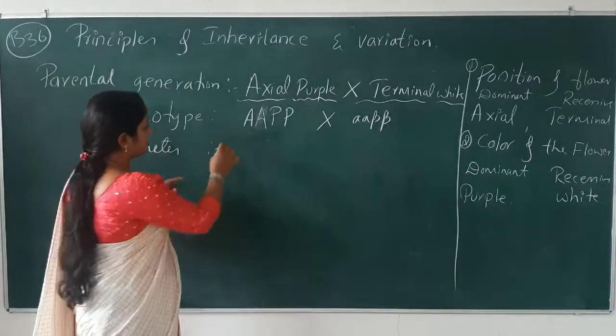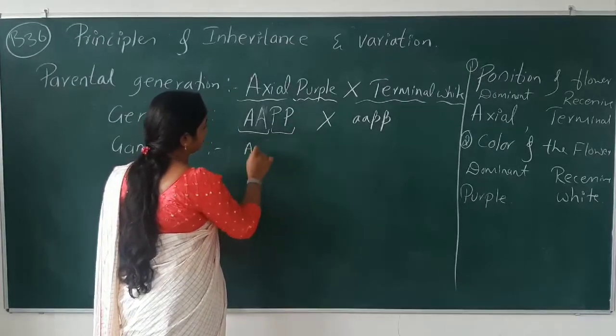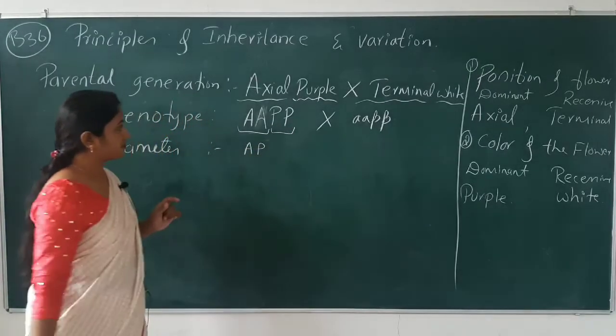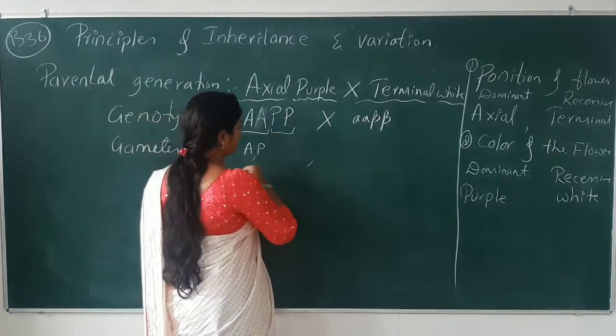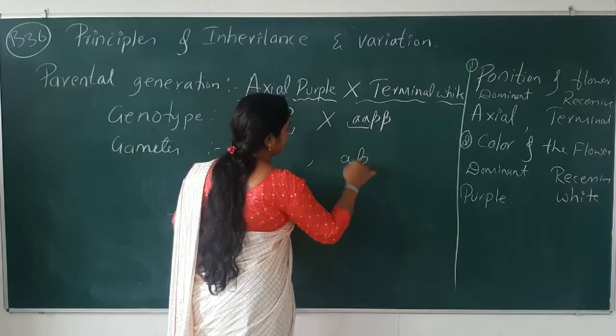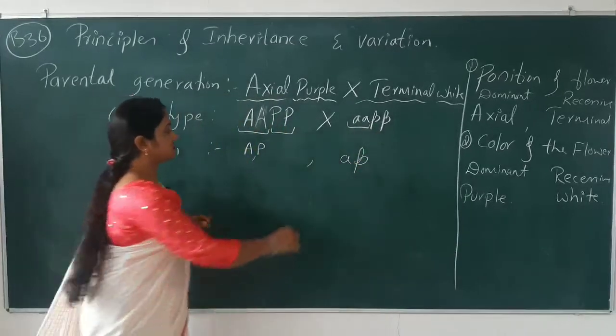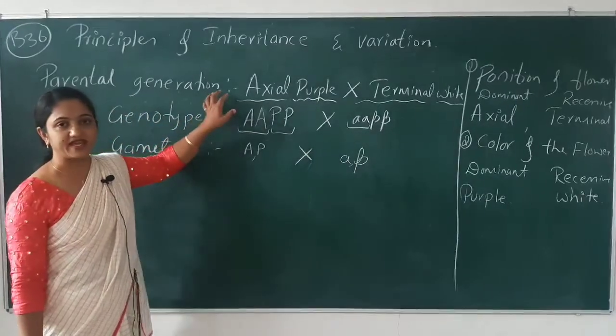Out of these two, take one, and out of this take one more gene, here A and P. So these will be the gametes of these parents.